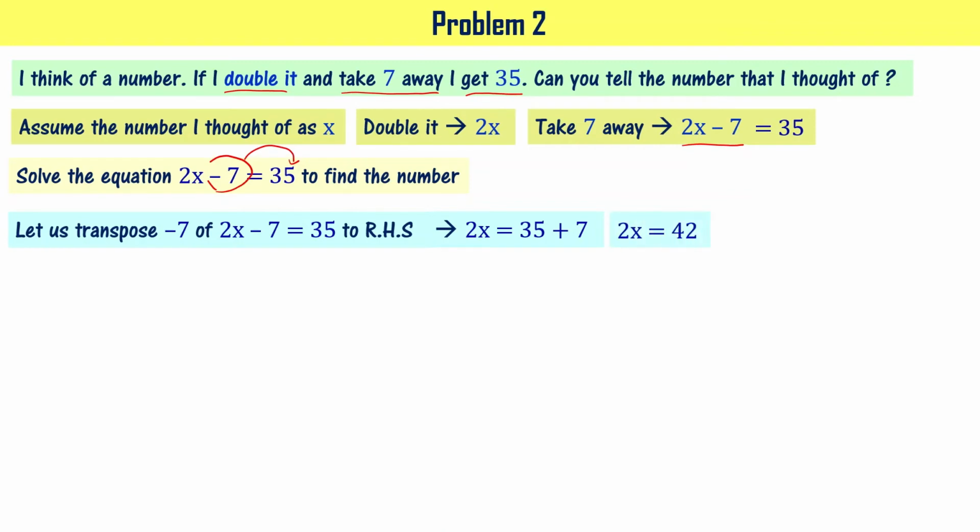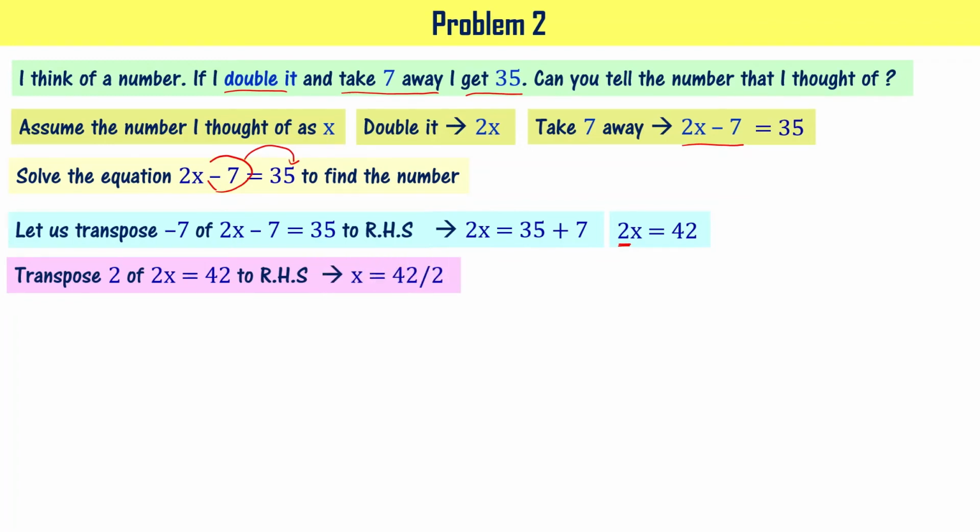It means 2x equal to 42. We want to get the value of x, right? It means we have to transpose this particular number, that is number 2, from LHS to RHS, right? Let's transpose that. When you transpose, it is going to be x equal to 42 by 2.